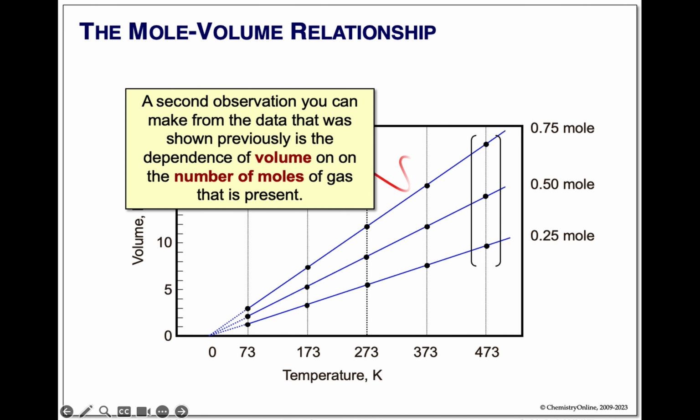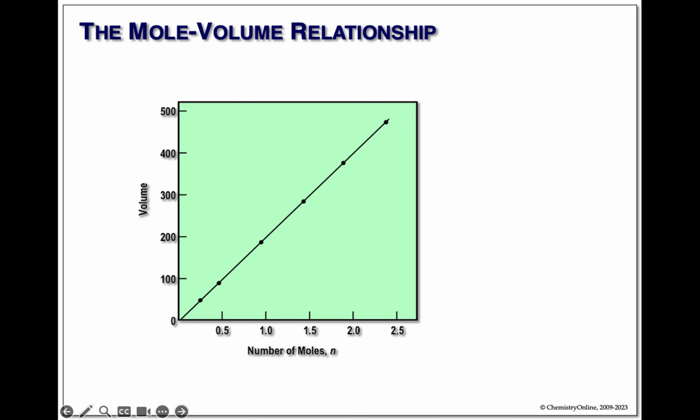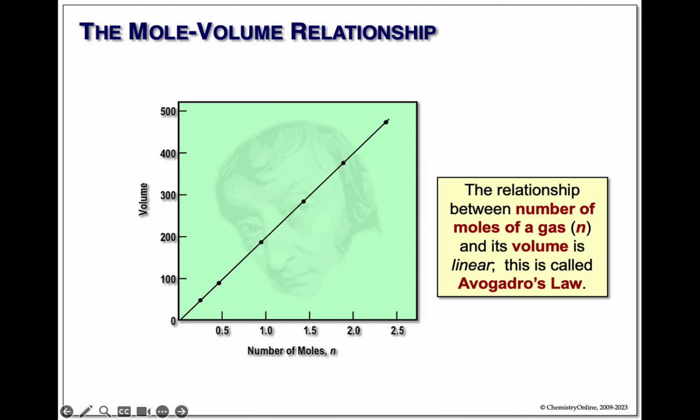This is called the mole-volume relationship. So we'll take data like this at constant temperature and we'll plot it. And sure enough, it's a straight line. It's a direct relationship. This is called Avogadro's law.